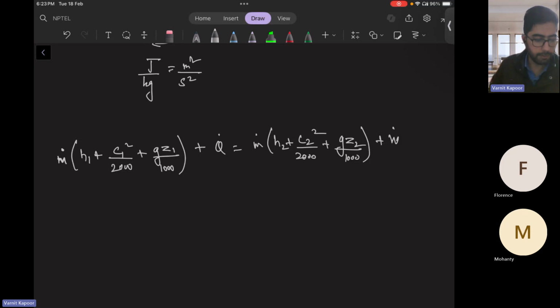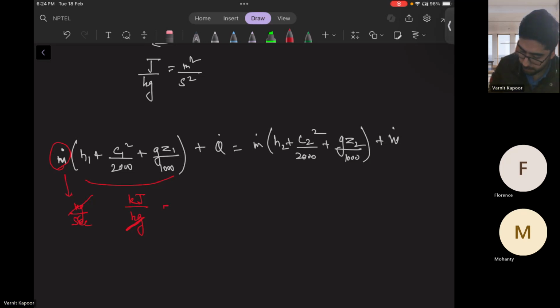Now each term has a unit of kilojoule per kg, and this has a unit of kg per second. So kg cancels, and it is kilojoule per second, which is nothing but kilowatt. That is your unit.